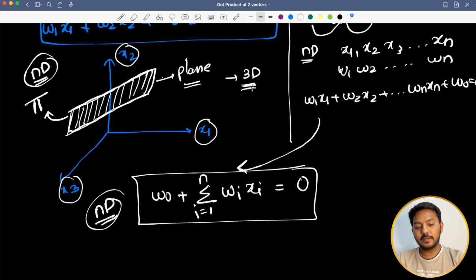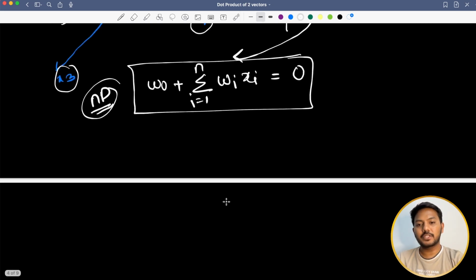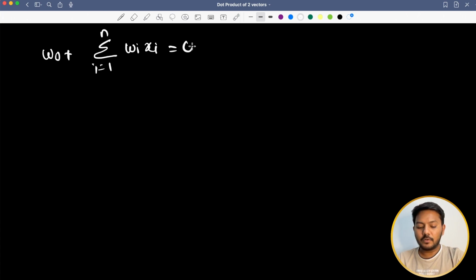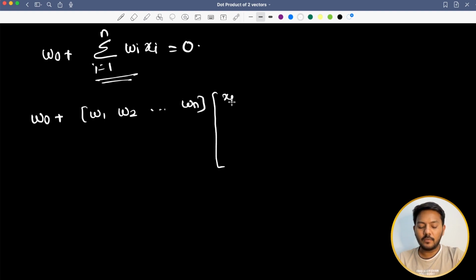Hopefully that is clear. Now let's take this notation, which is w naught plus sigma wi xi, i equal to 1 to n, equal to 0. So this is basically w naught plus, and we will convert it into row vector and column vector. We have seen this in the previous video: x1, x2, up to xn, and this would be equal to 0.